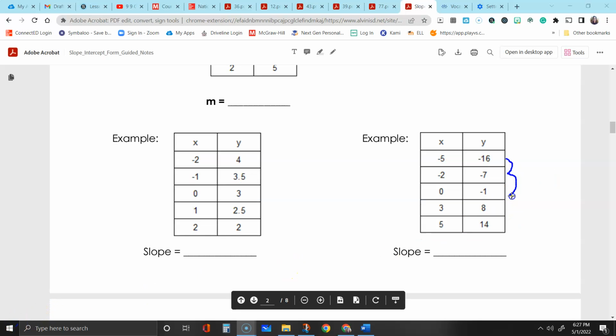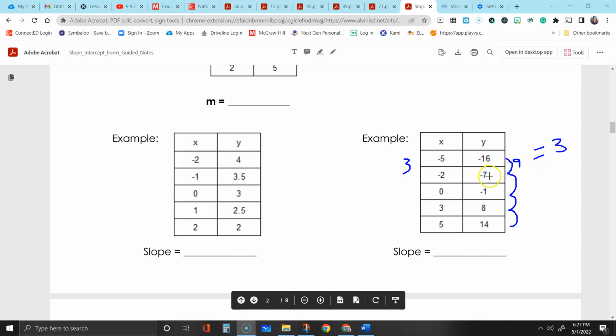So what are we adding here? Well, this one is a little confusing because you can't see a pattern here. Like this one is add 9 from here to here. -5 to 2 is they added 3. So 9 divided by 3, our slope would be 3.